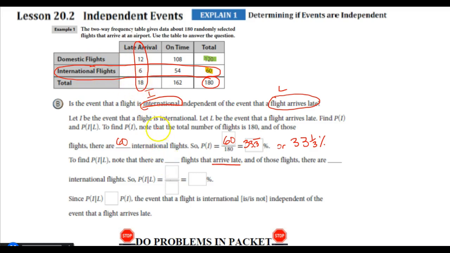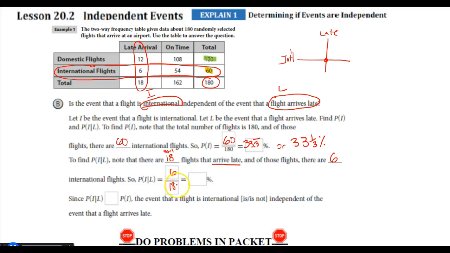So here, what is the total within that column that are late? 18, right? And of those lates, where do both late and international kind of cross? At about 6, right? So we're going to write this as 6 over 18.